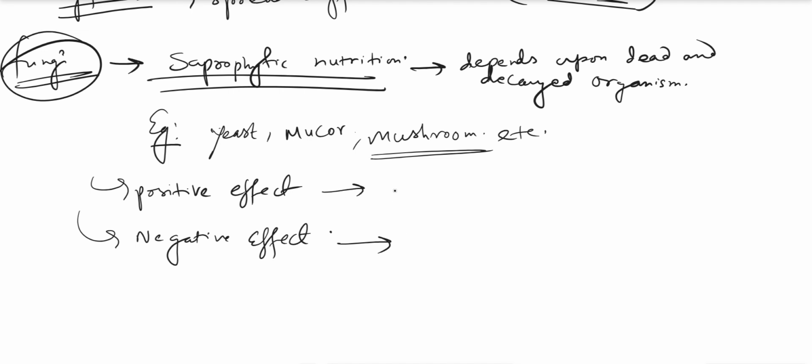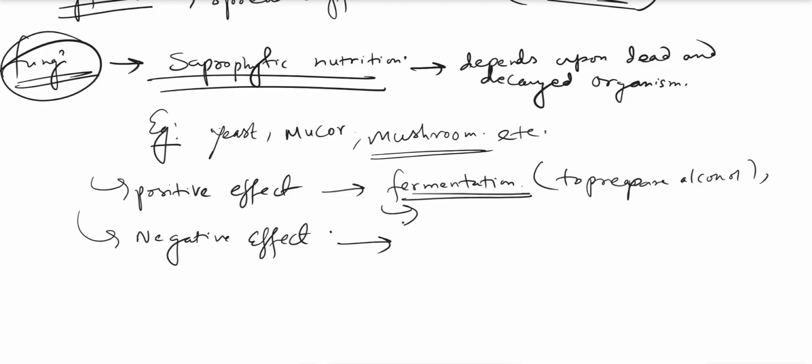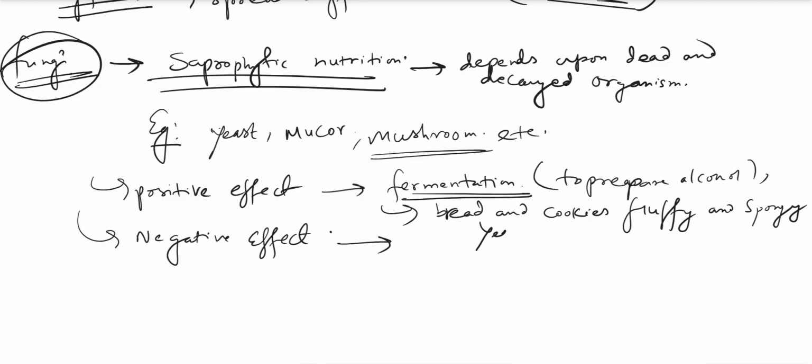The positive effect means it helps in fermentation to prepare alcohol, as well as helps to make bread and cookies fluffy and spongy. Basically, yeast is used, so that makes the bread and cookies fluffy and spongy.